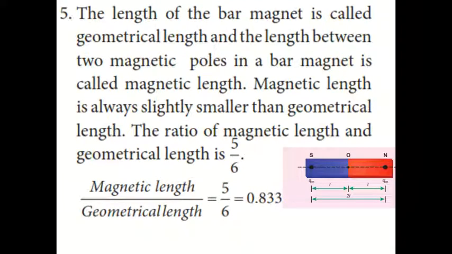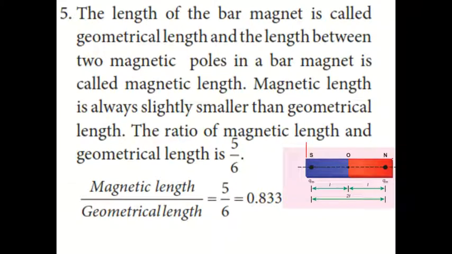We have a small problem here. The length of the bar magnet is called geometrical length, and the length between the south pole and north pole is called magnetic length. The entire length of the magnet is geometrical length. Geometrical length is entirely different from magnetic length.